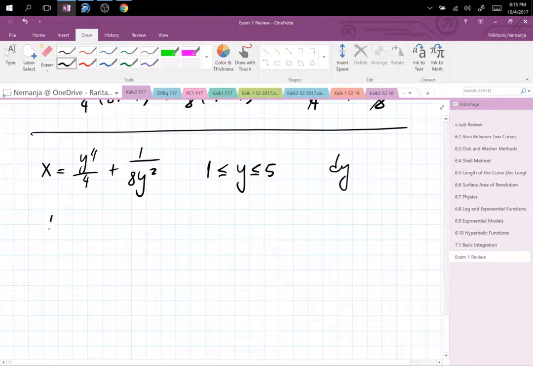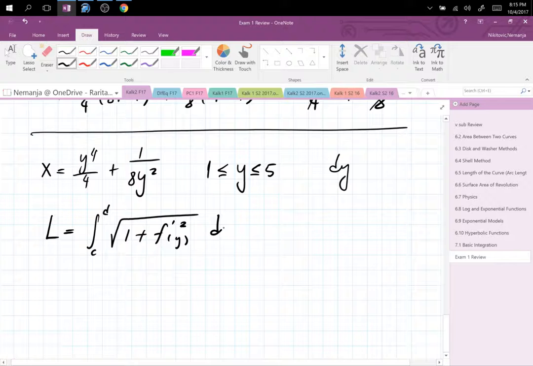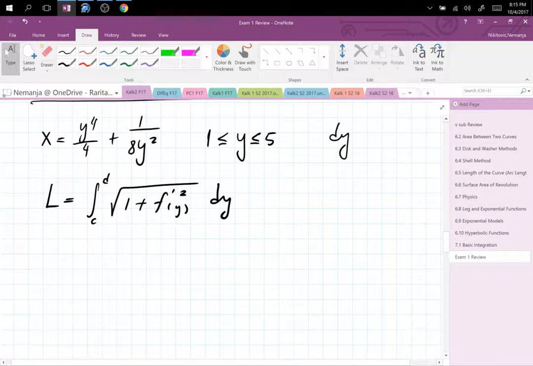The formula will still look the same. Now we have c to d, square root of 1 plus f prime squared of y dy. We find the derivative x prime, which is actually what we need, which is f prime of y, that's x prime.